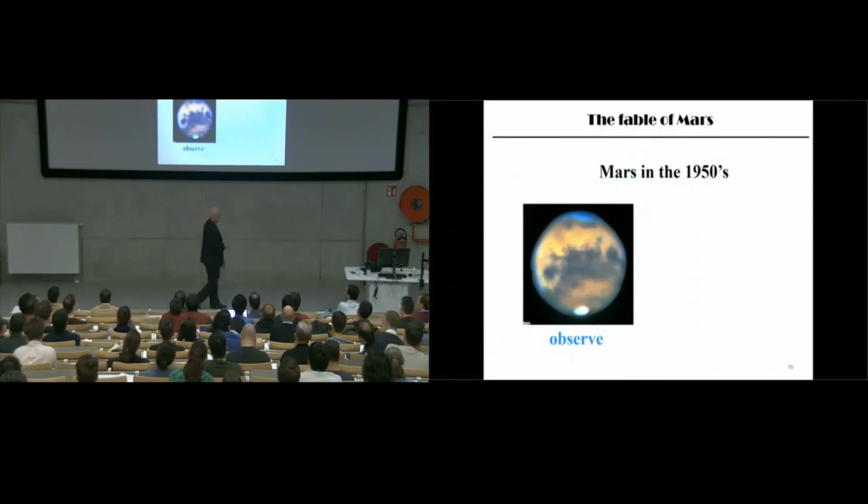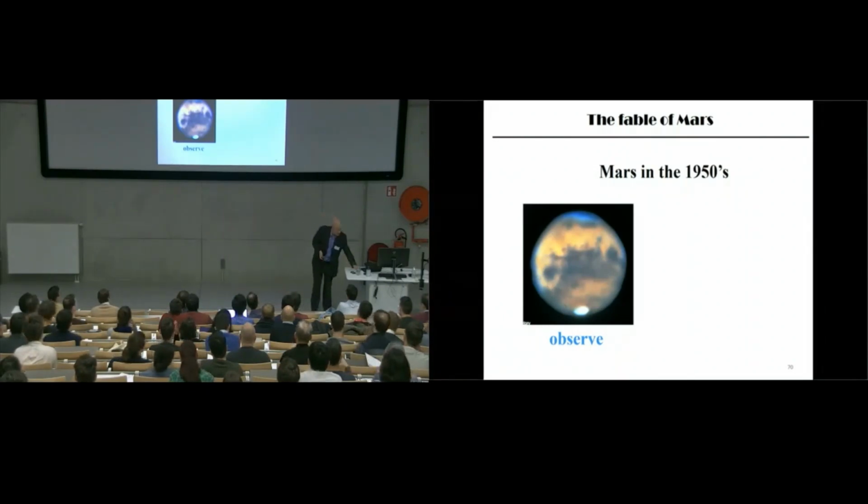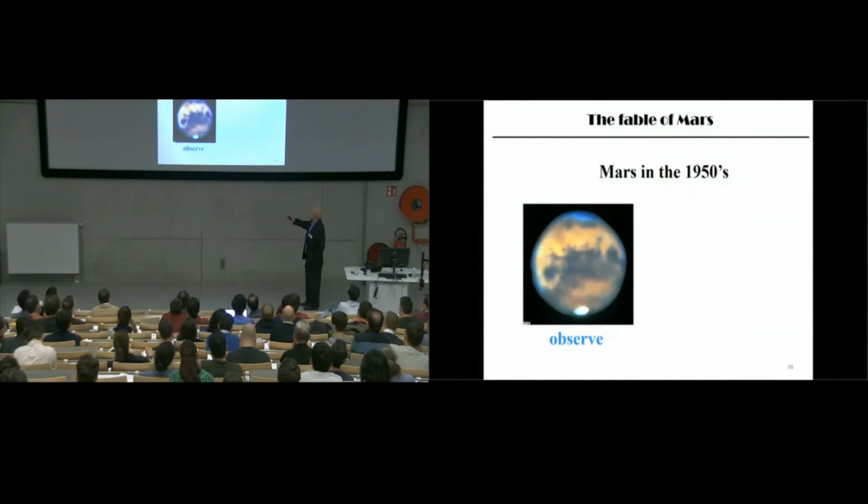This was Mars when I was a child. This was the best picture that you could get of Mars through the best telescope on Earth. And you see, these are the northern highlands. These are the southern lowlands. We recognize it now, but then people didn't know anything about lowlands and highlands.